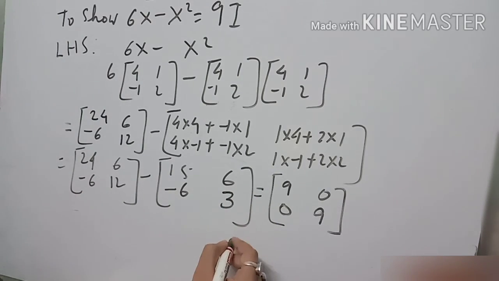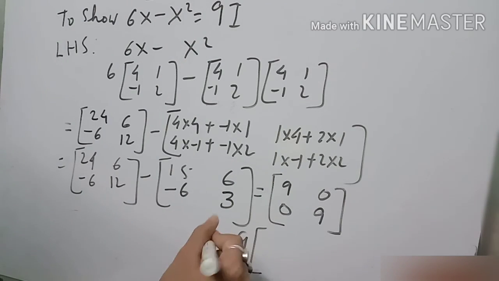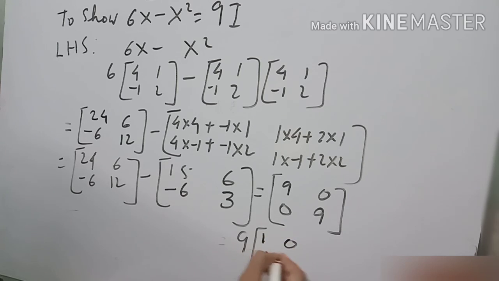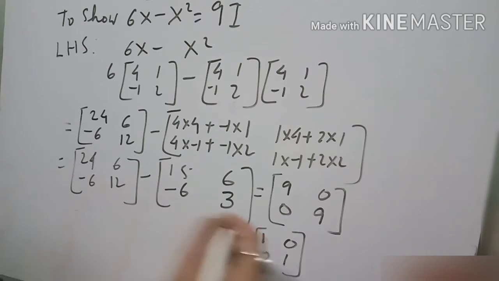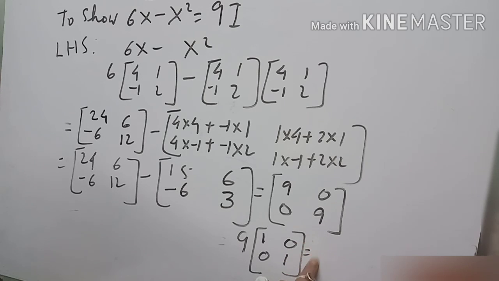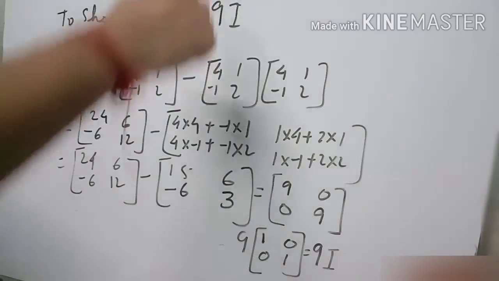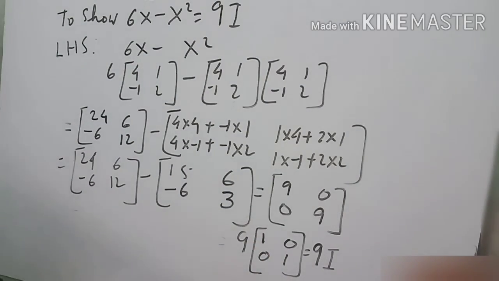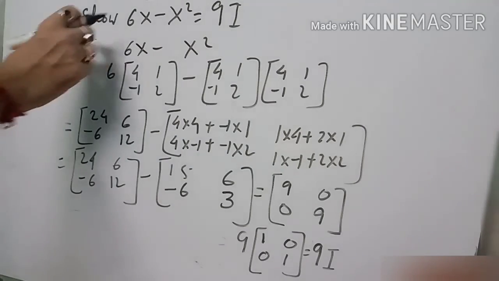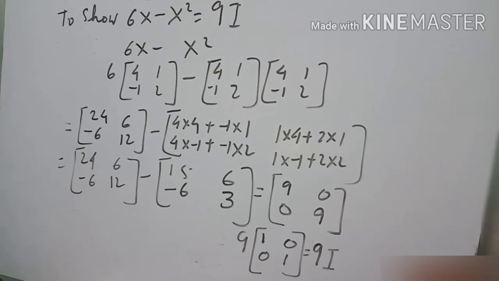We're going to take 9 common from here, and we're left with 1, 0, 0, 1, which means 9I, because I means 1, 0, 0, 1. So it's shown, LHS equals RHS. Oh, it's not prove, it's just saying show that. So there was no need of writing LHS here also, just showed it. Done. Great.